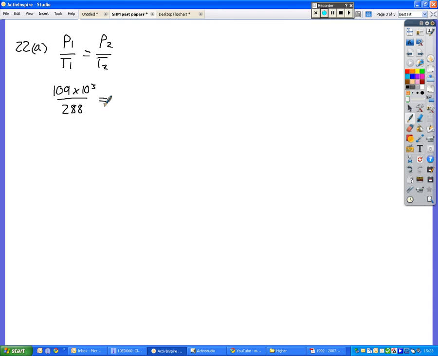That will be equal to P2 over 318. P2 will come out as 120.35 kilopascals, which we'll call 120 kilopascals. Okay, so 2 marks for that.